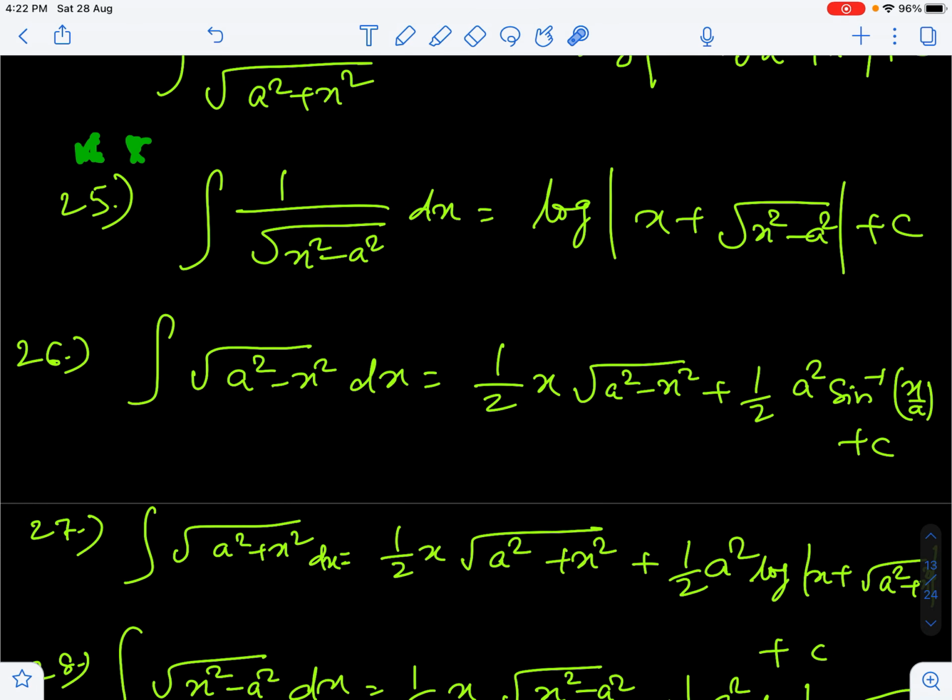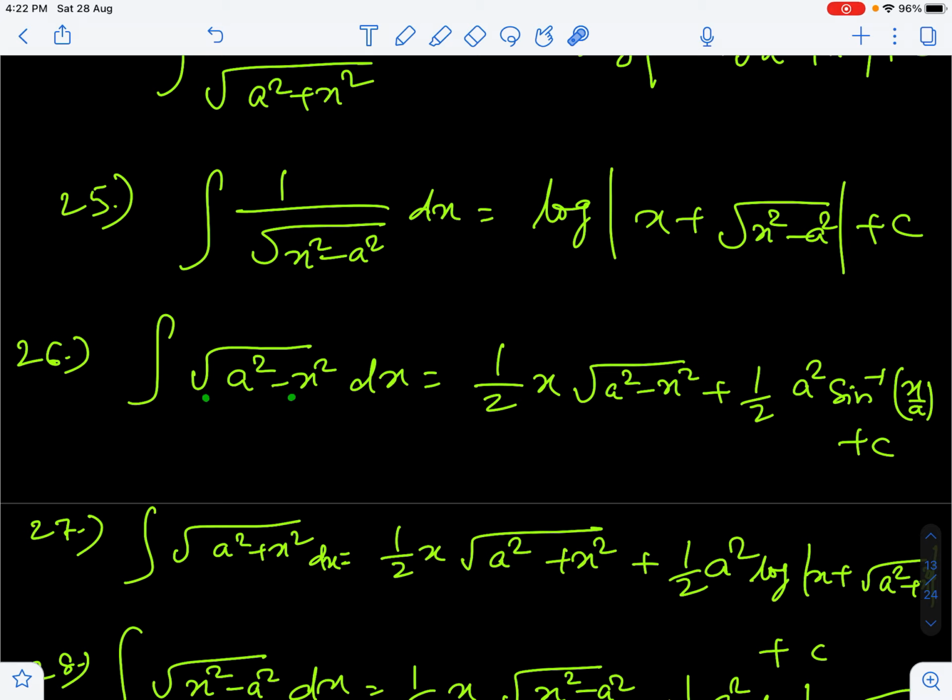So these are some typical integration formulas which usually students forget, but you should take a paper and paste it in front of your room or your bedroom, so that you can see the formula and remember it till JEE.